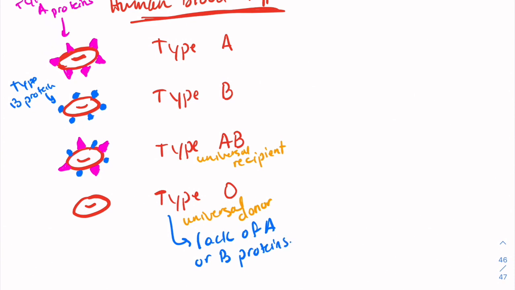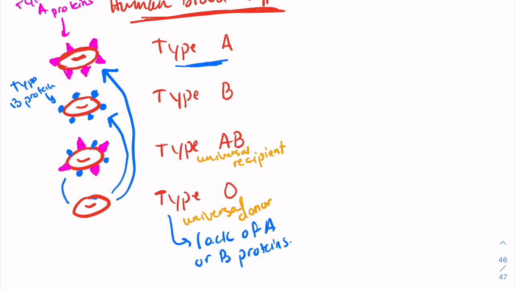proteins. So can you see that if someone gives type O blood to a type A person, the type A person's immune system is going to be fine with it because there's nothing funky. There are no weird looking proteins that it's never seen before on the surface of the type O blood. Likewise, type O can donate to type B because it just doesn't have anything that's going to make the type B person's immune system freak out.